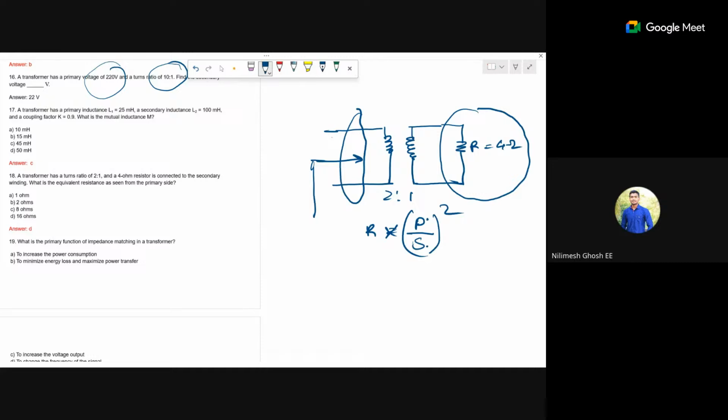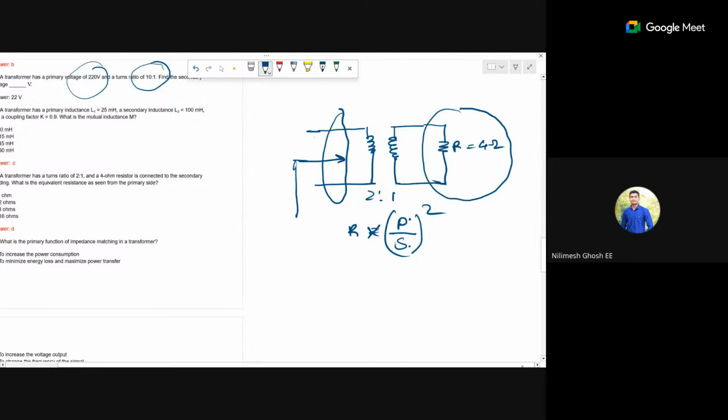You do not have to remember what is the input and what is the output. You need to only see what is the destination of mine and what is the source of mine. This is my starting point, this is my destination. So our resistance will be resistance into destination by source square.